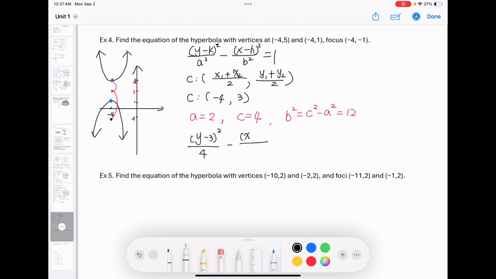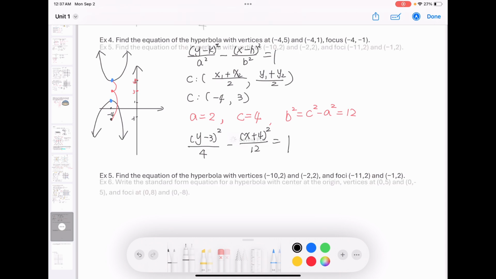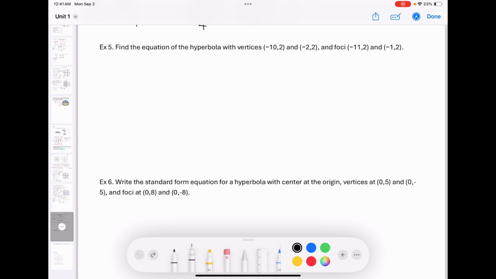What is h? Minus negative 4 is plus 4. Squared, all divided by b squared, which is 12, is equal to 1. So we are done. Let's see number 5. Find the equation of the hyperbola with the vertices negative 10, 2 and negative 2, 2, and the foci negative 11, 2 and negative 1, 2. Okay, we can put all of this information on my xy plane.